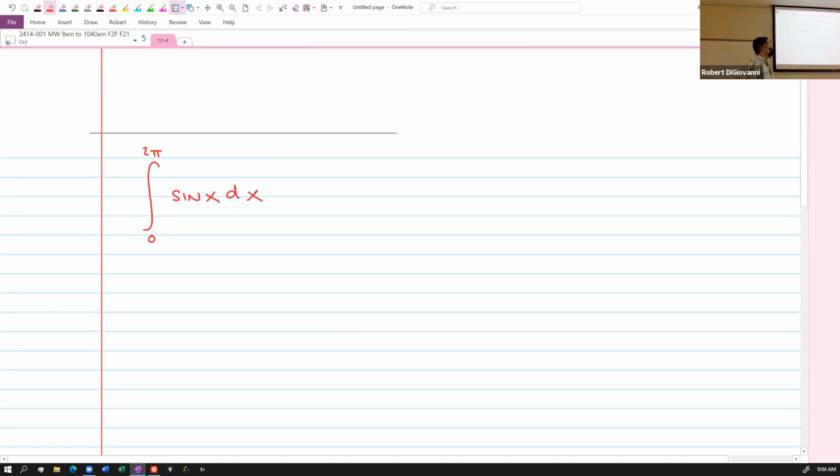Geometrically, what this is saying is that we need to take a look at the sine function, which you've experienced from Cal 1 and pre-Cal. We know the sine function looks like this, has a period of 2 pi.